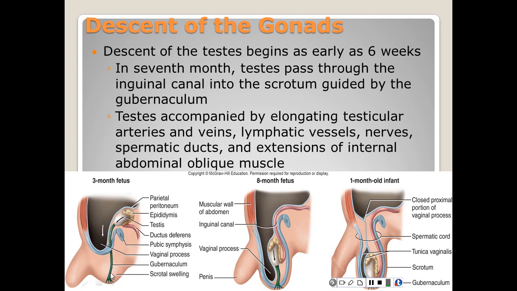Okay. Now, as they descend, they are accompanied by elongating testicular arteries and veins, as well as lymphatic vessels, nerves, spermatic ducts, and extensions of the internal abdominal oblique muscle.